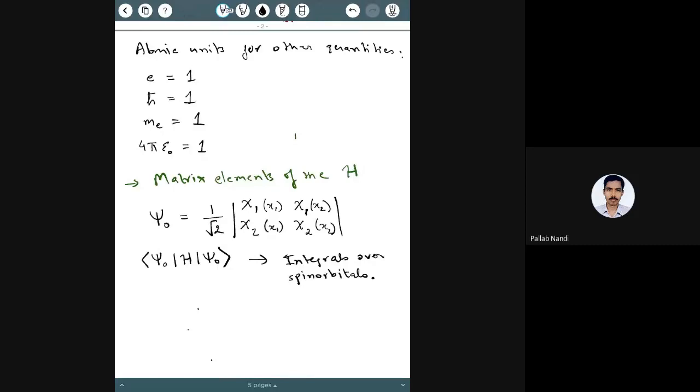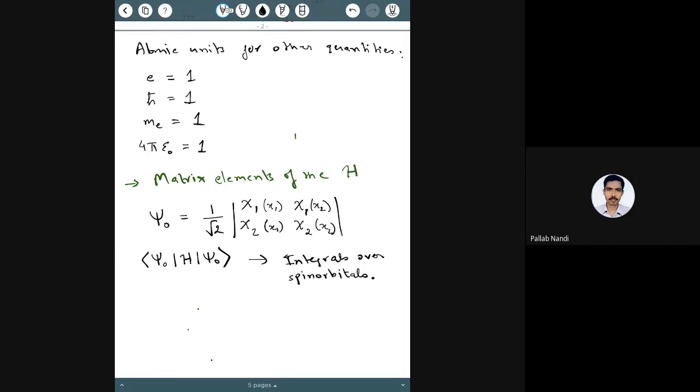Szabo-Ostlund also shows the general derivation for the n electron case, but that is a bit complicated and I will not do it in class. If you are interested, you can go through it, but you will not actually require it. What you will need to do is, of course, to be able to apply Slater's rules to evaluate matrix elements of various operators. Okay.